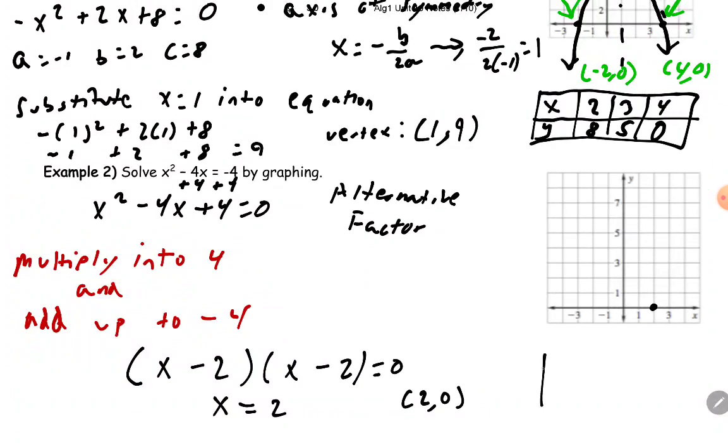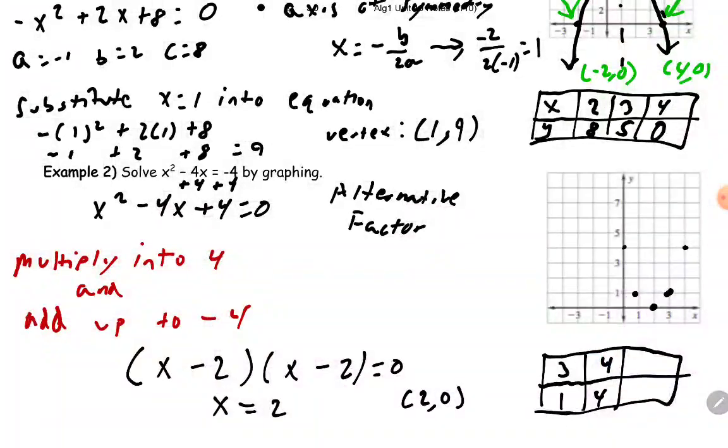Okay, and so we can just make a table at this point. I'm going to choose 3 and 4. You could use 0 and 1, doesn't matter. But if you plug these in, you get 1 and 4. Make it symmetrical. And we're done.